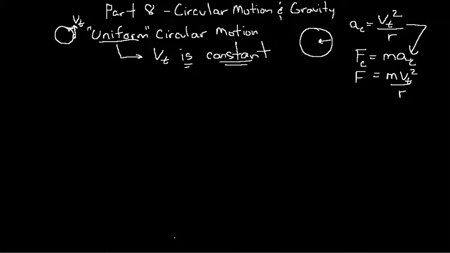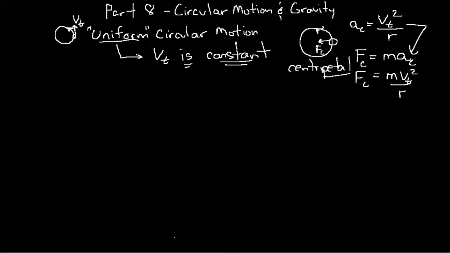So this was our equation for centripetal force. That force is directed inward, so the inward force that acts on an object to keep it moving in a circle is the centripetal force, and that's centripetal, like a flower, like a rose petal. So that's one of the things that we discussed.